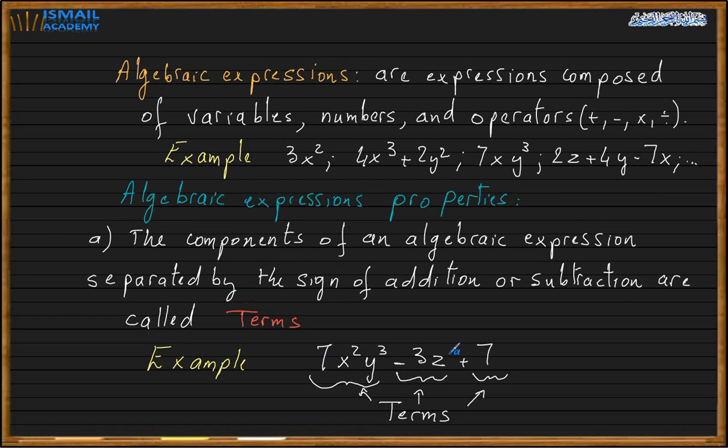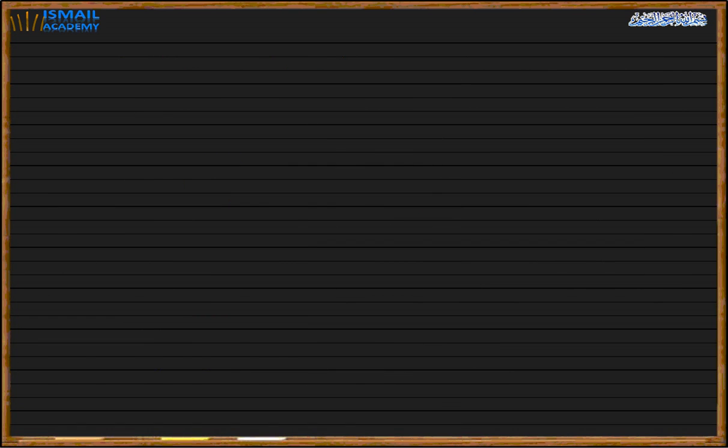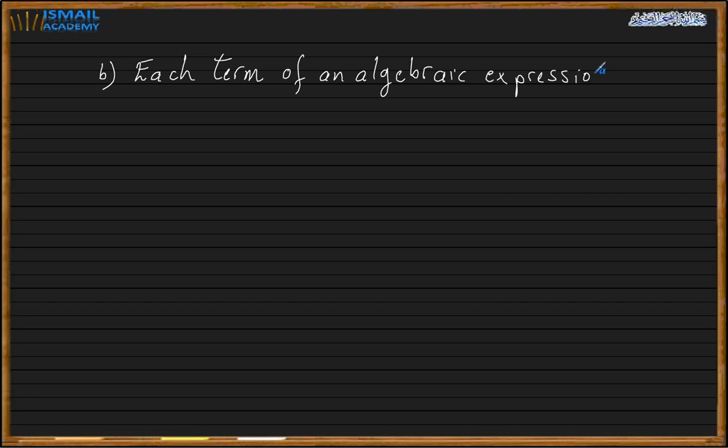So each term of an algebraic expression has a degree. This is the second property: each term of an algebraic expression has a degree.